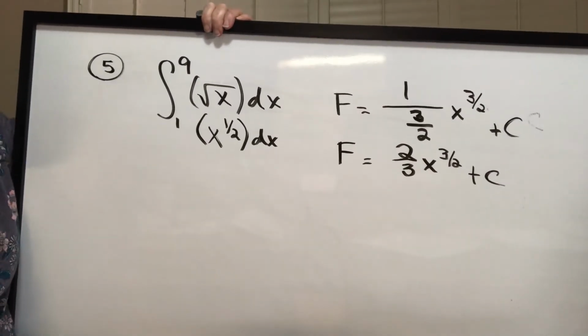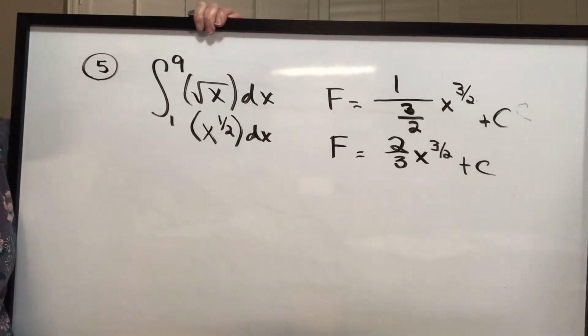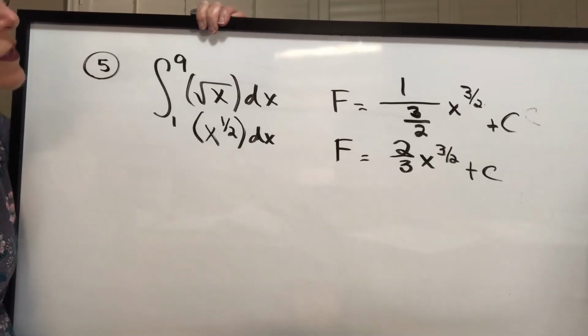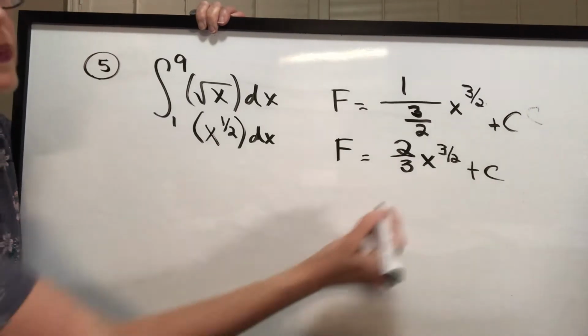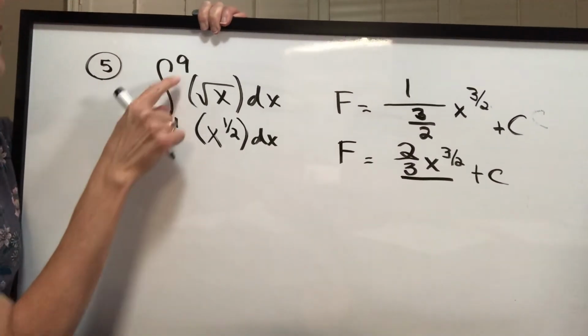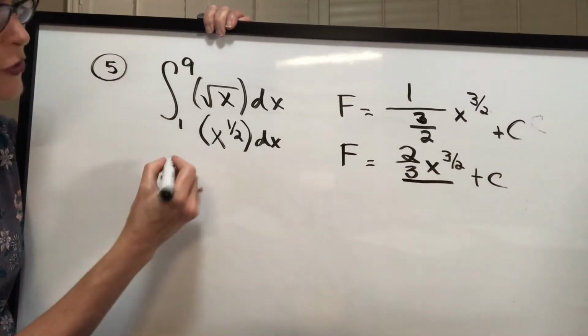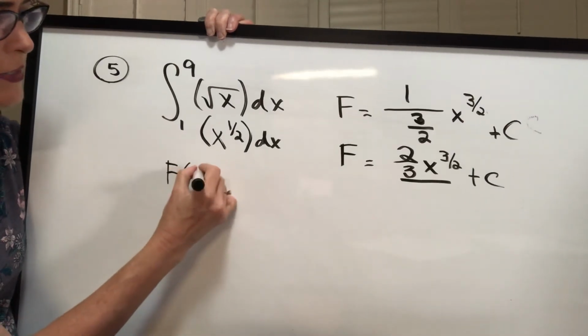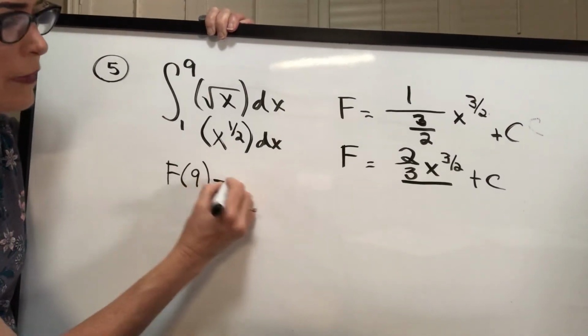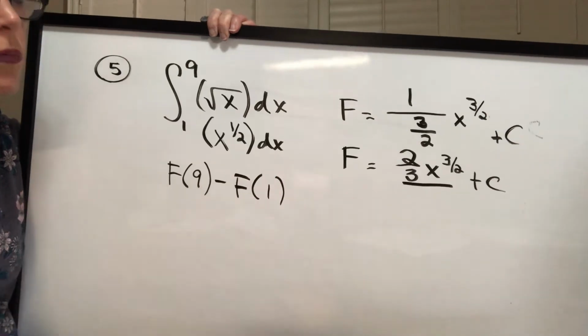And keep in mind we're going to use c as 0 just to make it easy on ourselves, and evaluate this right here at 9 and at 1, and then subtract the 2. So it will be the antiderivative evaluated at 9 minus the antiderivative evaluated at 1.